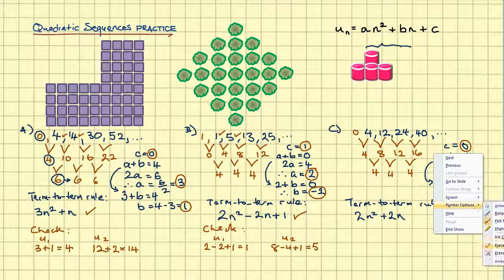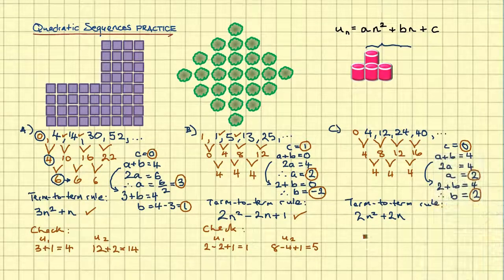Okay, let's just check. For U1, I've got 1 squared is 1 times 2, that's 2. Plus 2 times 1, 2, equals 4. For U2, I've got 2 squared is 4 times 2 gives me 8.